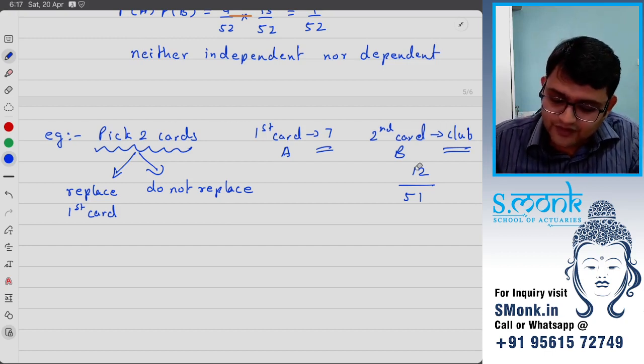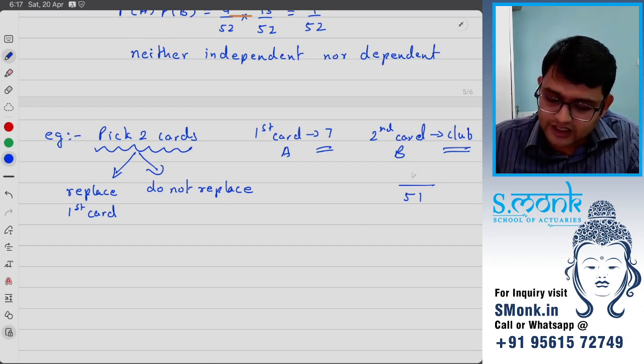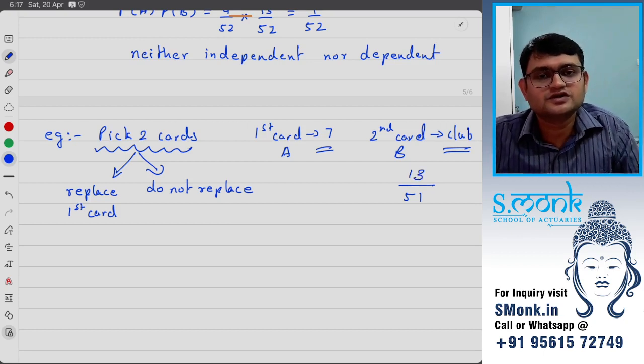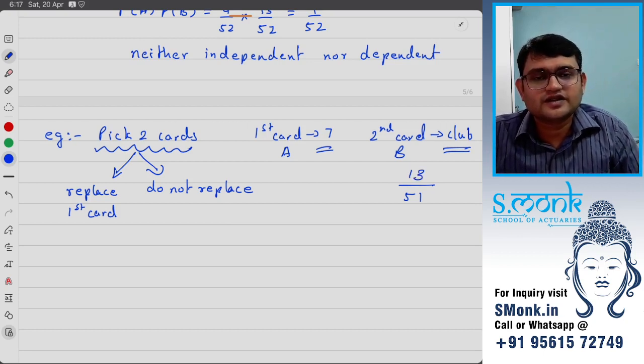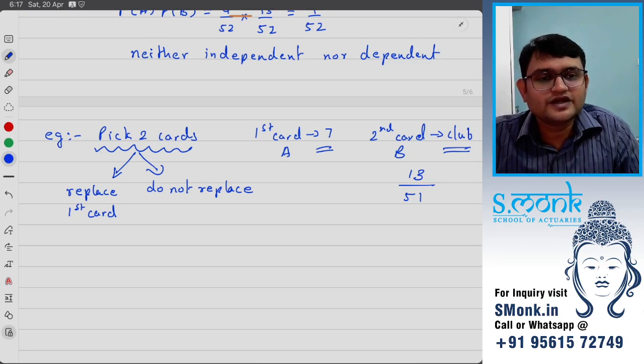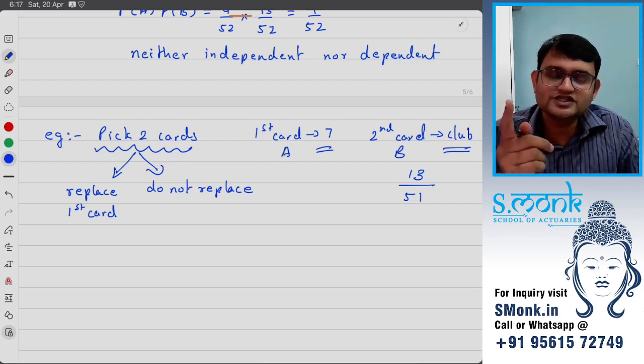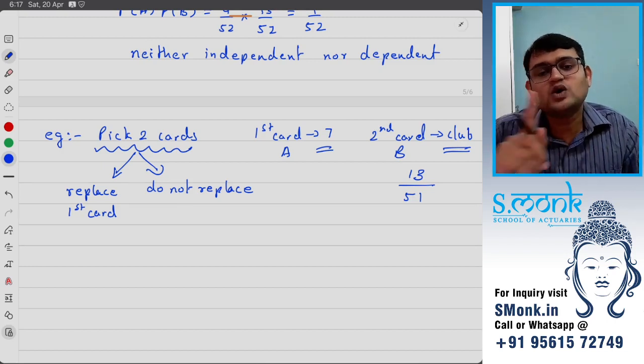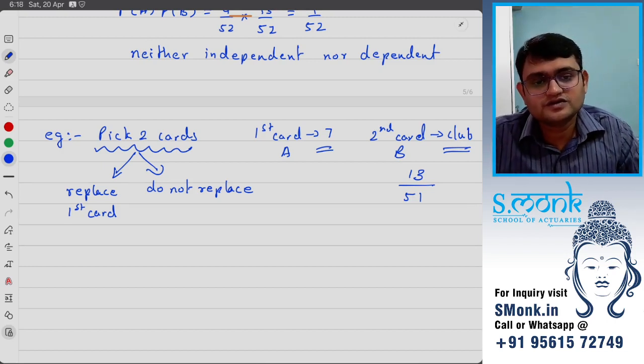But if my first card was not a club, then I will have a total of 13 clubs in the deck. So you can see how the outcome of the first card is affecting the outcome of the second card.